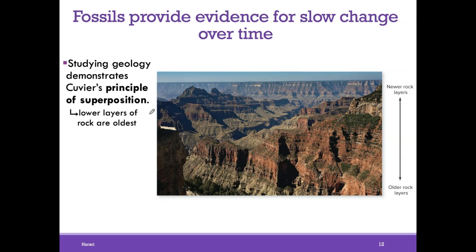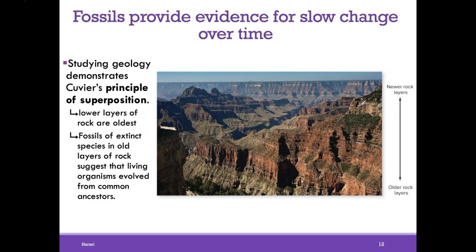Cuvier's principle of superposition says the older layers of rock down here could be tens of thousands of years older than the newer rock layers up here. And fossils of extinct species in old layers of rock suggest that living organisms evolved from a common ancestor. So if, for example, I see a species down here, I know that it's older than a species I find up here.